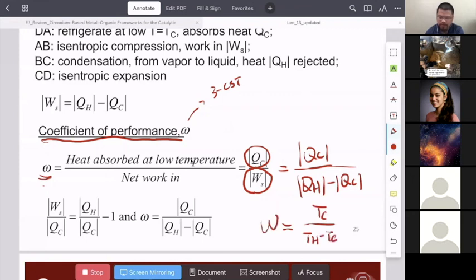Okay, this is the efficiency of the Carnot refrigerator. How about the Carnot heat engine? Carnot heat engine is what? It is TH over TH minus TC. Okay, sort of similar, but slightly different. Although the idea behind those efficiency definitions would be exactly the same.